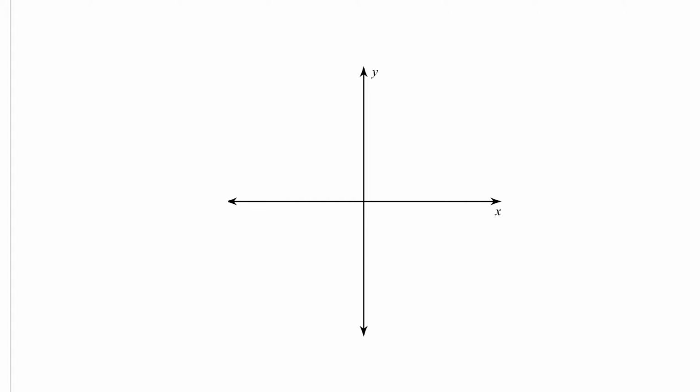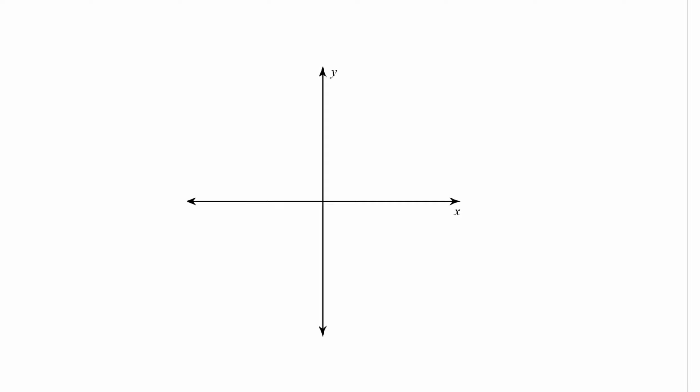Okay, first thing. So this is what coordinate plane looks like. You have x-axis, y-axis, you know that. First thing I would label is quadrants. So we have quadrant 1 is right here. Quadrant 2 right there, and then 3 is down here.